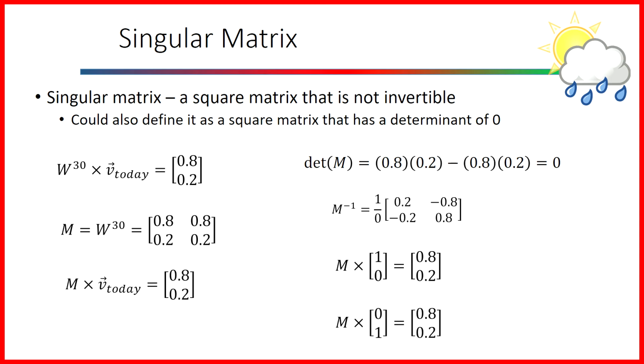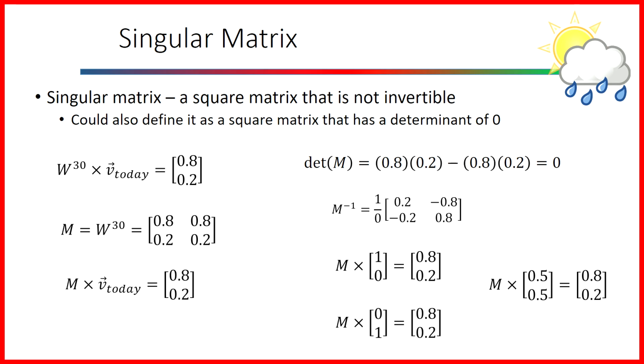If we say that we aren't sure what the weather was today and we think there's a 50% chance it was rain and a 50% chance it was sunny, we get an 80% chance of sun a month from now. Since we get the same answer despite putting these multiple inputs in, we cannot figure out from the answer what our original vector was.